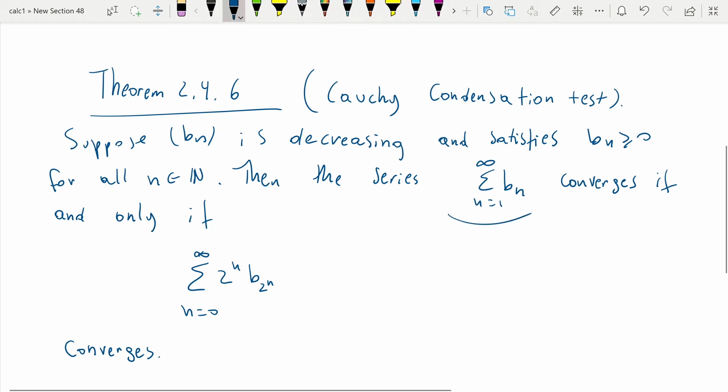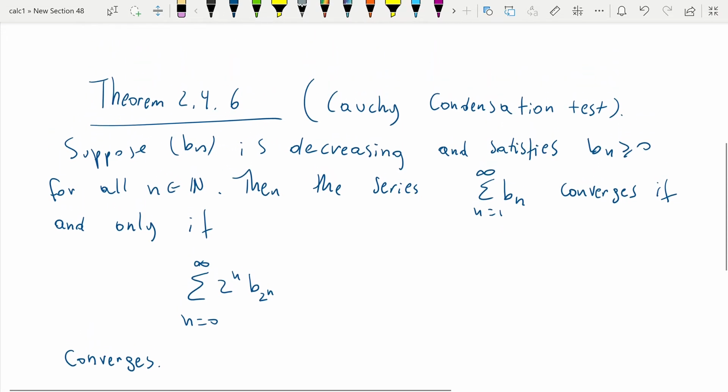So if we know that this series converges, then we'll know that this other one will converge as well. So what is the difference? Here we're adding all the bn's. Here we're adding only the powers of 2 terms, and we're multiplying by a weight. So here we're adding fewer terms, but multiplying each one by a very large thing.